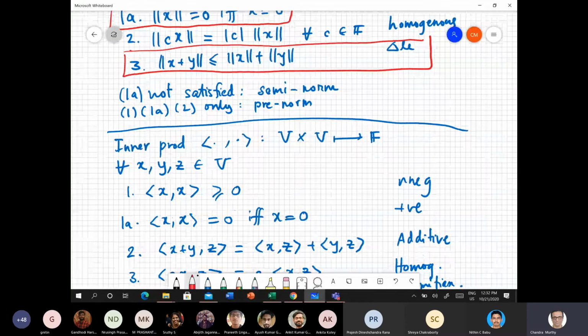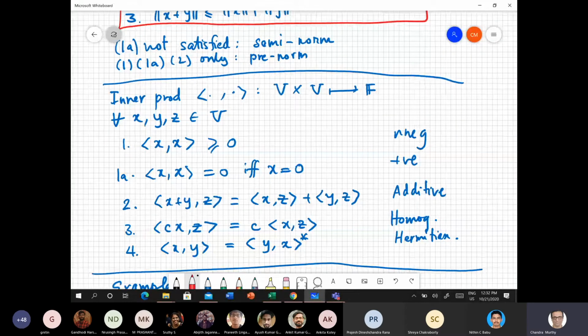Also recall the definition of an inner product. The inner product is defined from 2 points: you choose 2 points in V, and it maps those 2 points to the field F. So given any x, y, and z belonging to V, the inner product of x with itself is non-negative, and it is equal to 0 if and only if x is equal to 0. The inner product is additive, so the inner product of x plus y comma z is x comma z plus y comma z.